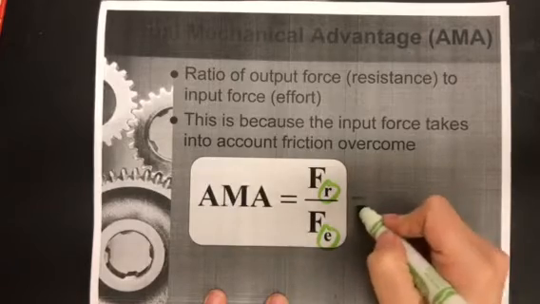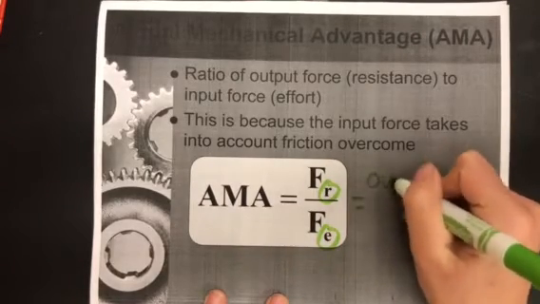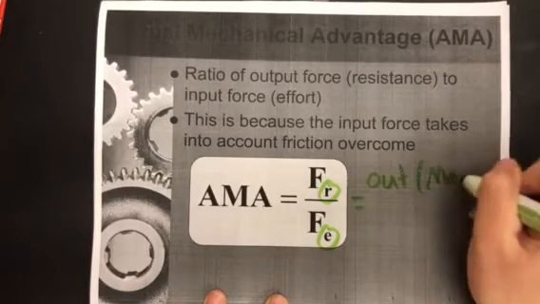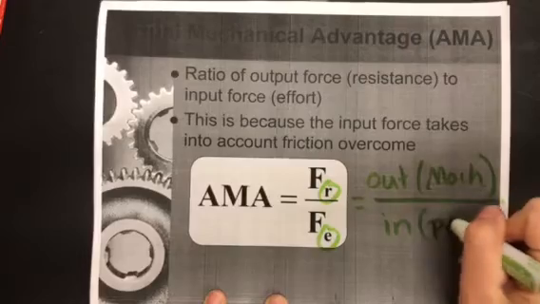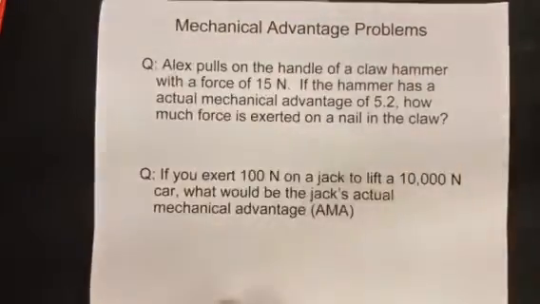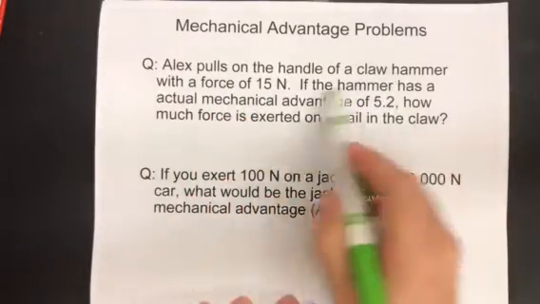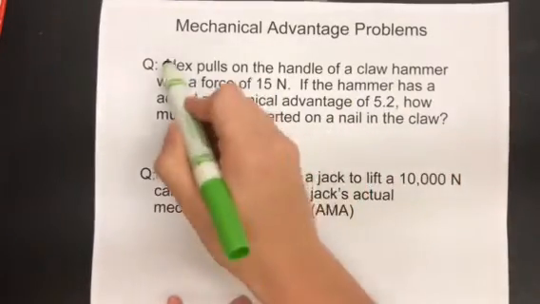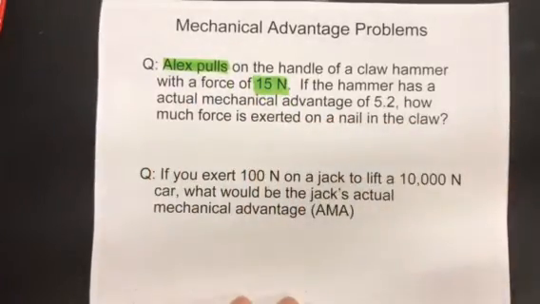All right, so what this means is you're now going to put the output on top, which is what the machine is doing, divided by the input, which is what the person is doing. So for example, Alex pulls on the handle of a claw hammer with a force of 15 newtons.